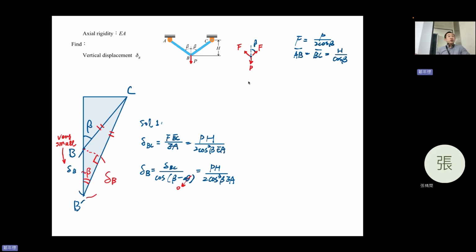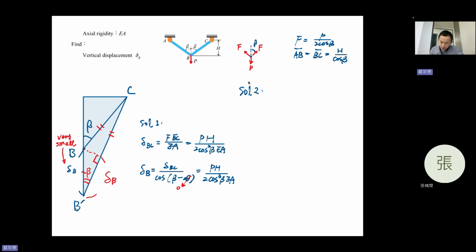So solution one is straightforward. Basically, we finished this problem, but we want to introduce another approach using strain energy, because the strain energy stored in the material will equal the work done by the force, and the work is the force times the displacement, right?